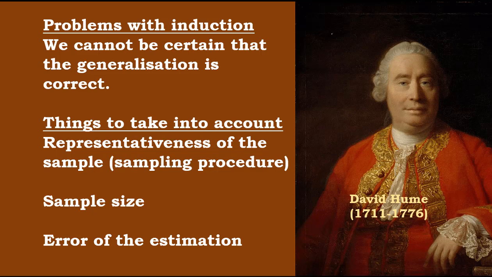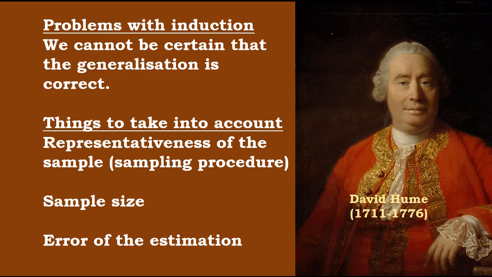Things to take into account is the representativeness of the sample. If we obtain a sample, we need to make sure that the sample is representative of the population. If we obtain a sample that is quite different from the whole population, then the inference we make from this sample to the population will be biased.